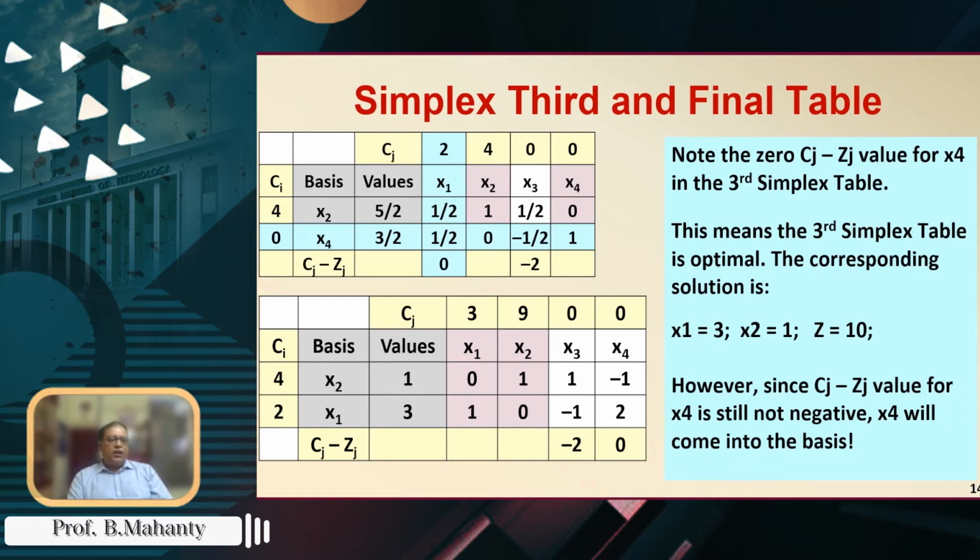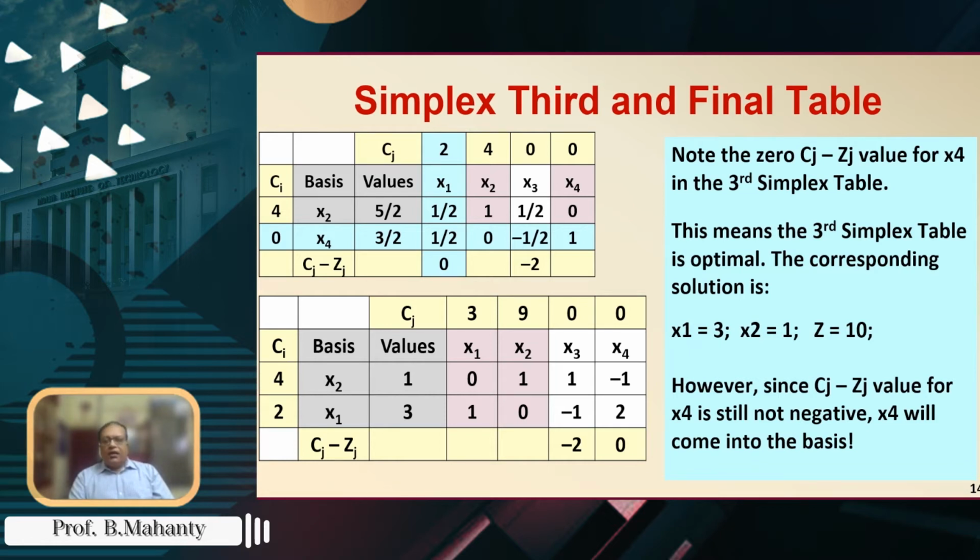So then x4 would come into the basis once again, and x1 would leave. So this particular solution, that is 0 and 5 by 2, would return once again. So the two alternate solutions will keep moving from one to another if you continue the simplex procedure. All right.